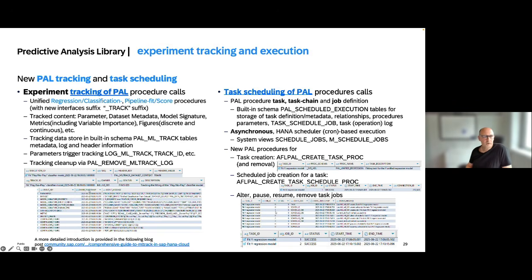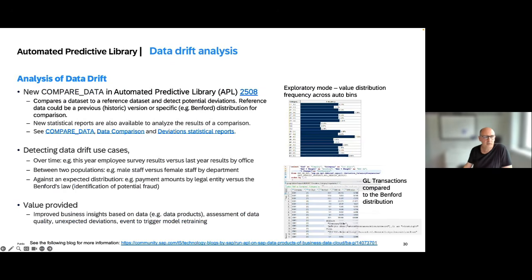A nice new feature from the Automated Predictive Library is the analysis of data drift using the compare data method, which has become available with APL 2508.